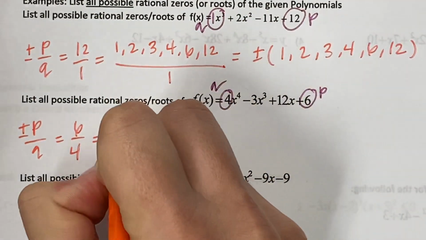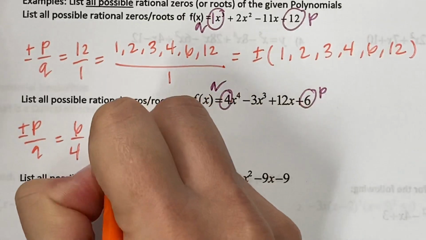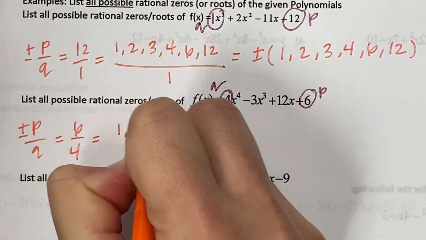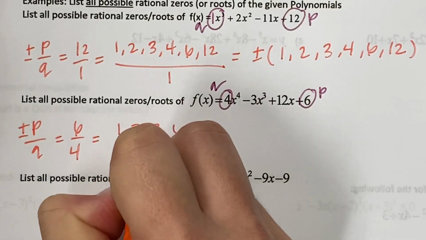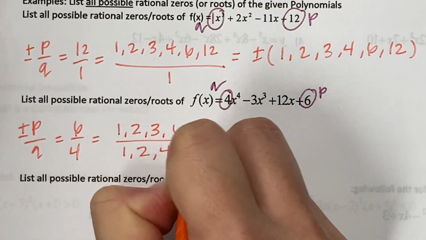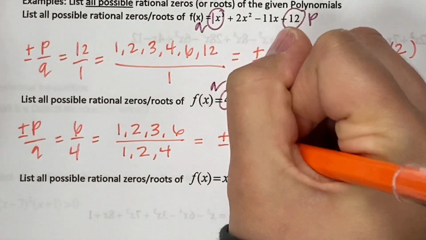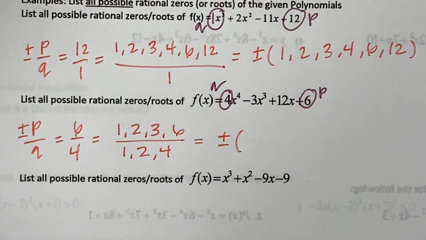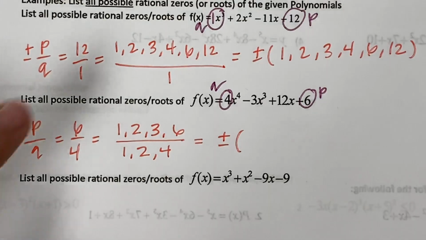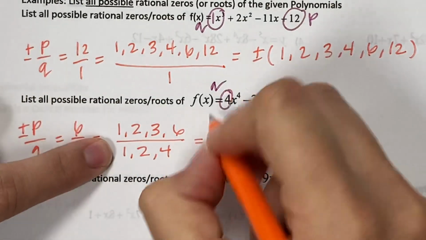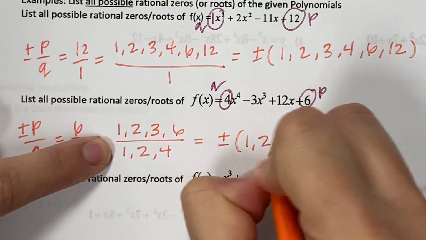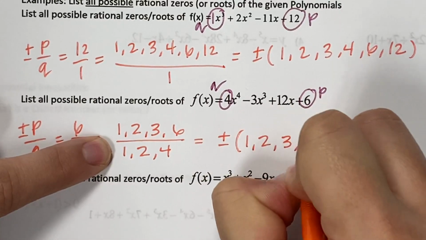The factors of 6 are 1, 2, 3, and 6. Factors of 4 are 1, 2, and 4. So now I write my answer. I need plus and minus of each of them. Let's start with the over 1. So 1 over 1, 2 over 1, 3 over 1, 6 over 1. So that's 1, 2, 3, and 6.